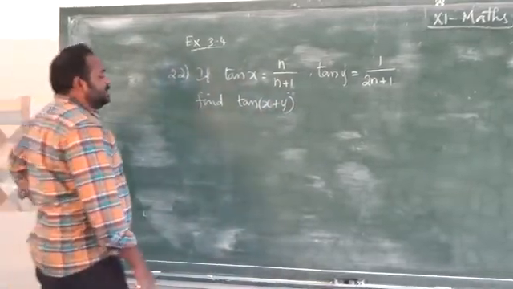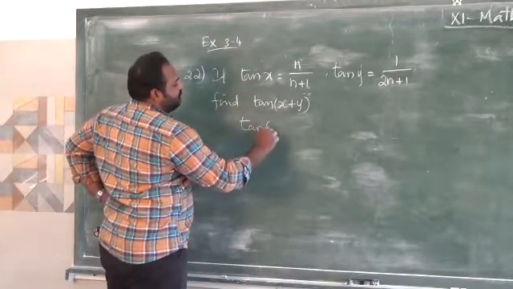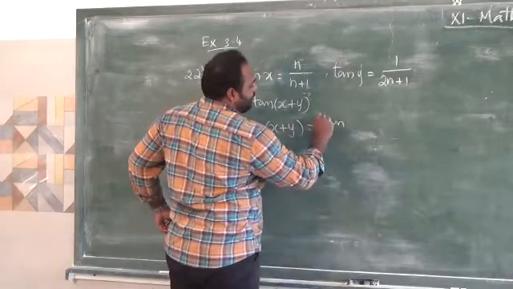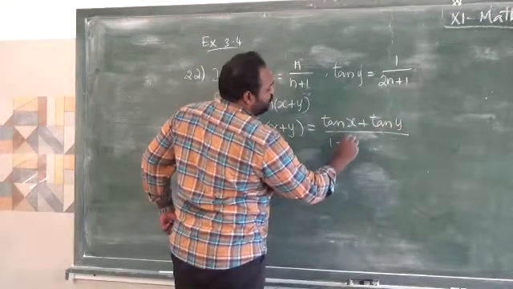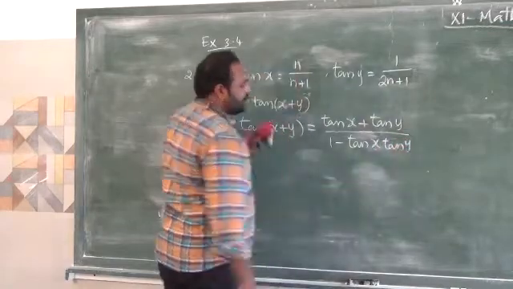So tan of x plus y we have to find out. So the tan x plus y formula is tan x plus tan y by 1 minus tan x tan y.